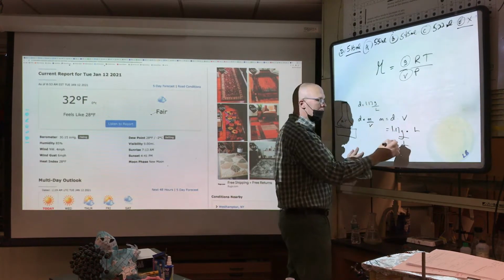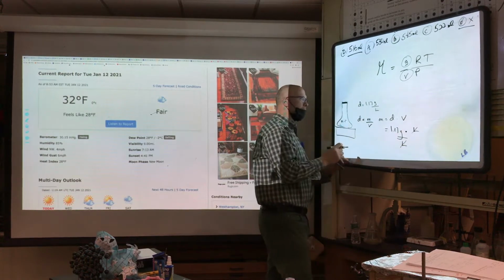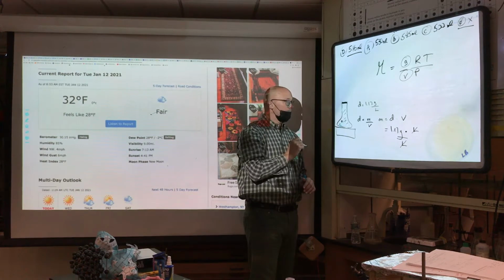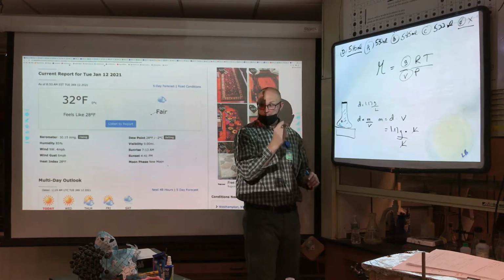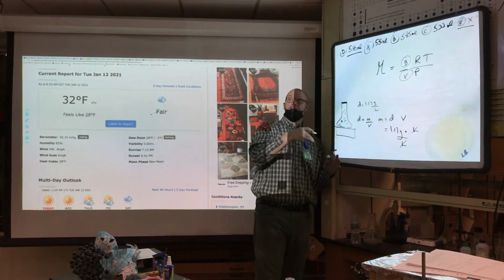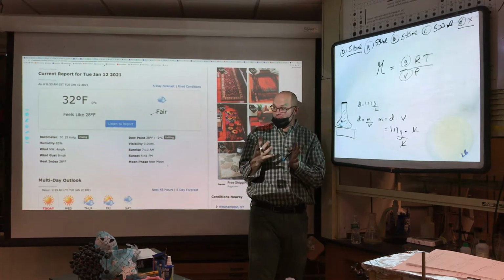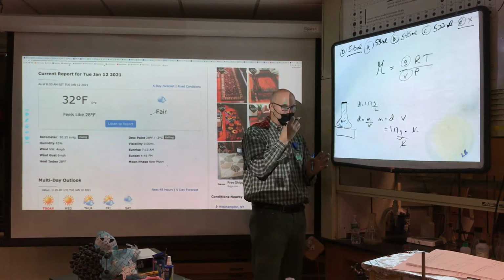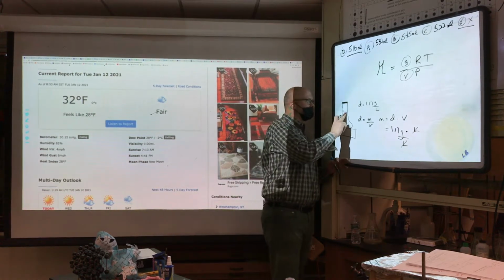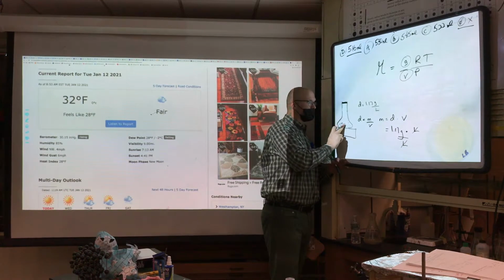Remember, I convert that to liters. That'll give us the grams of air in the flask. That's an important value. We're going to subtract that from the mass of the air and the container to get our empty container. That's the important part, because we need an evacuated container.